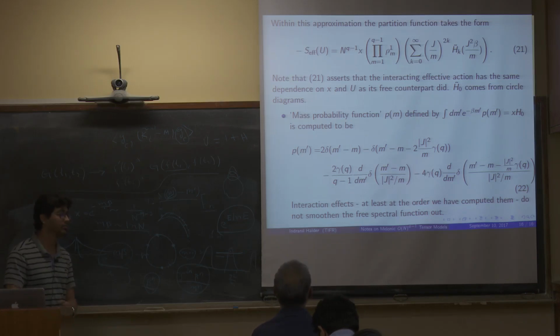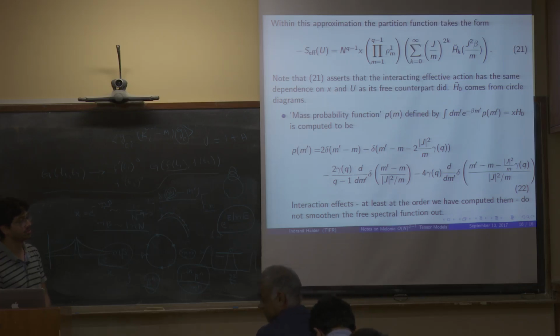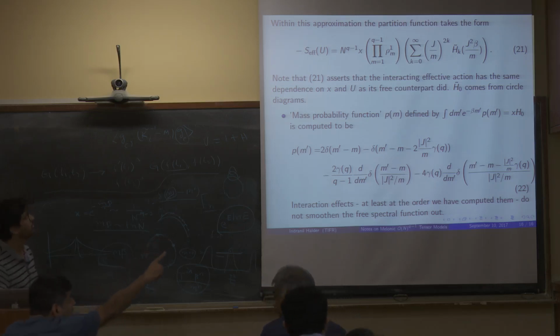I'm not sure what you expected, but you wouldn't expect your behavior at very low temperatures to change if you kept some finite M effect. Would you? Yeah, I'm not so sure, because you see that J square beta by M can be pretty large.